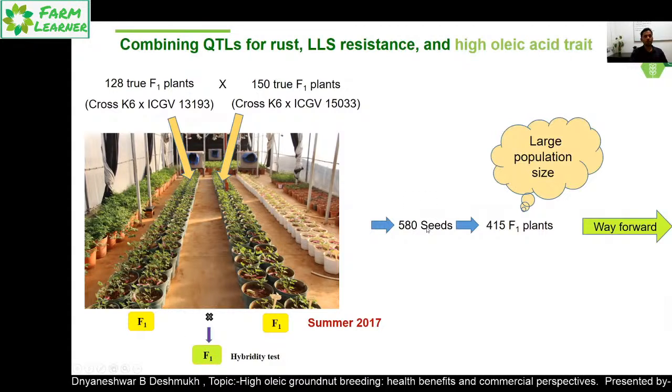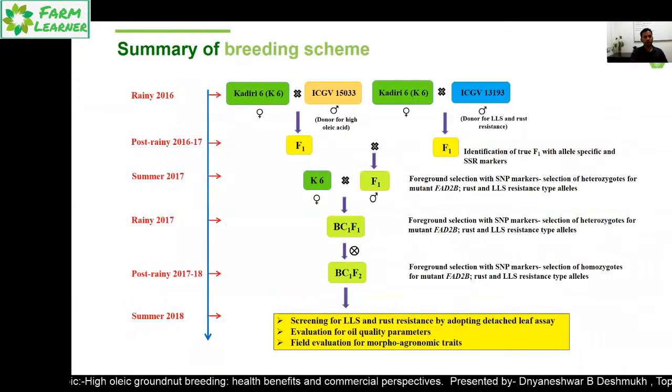To get that combination, we have to have a huge quantity of F1s. So we produced 415 F1 plants, from which we could get as many as 16 different F2s with different combinations. In summary, this program went like this: Kadri 6 into 15033 and Kadri 6 into 13193.